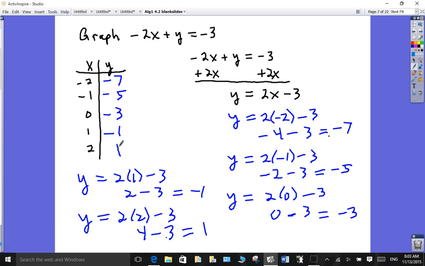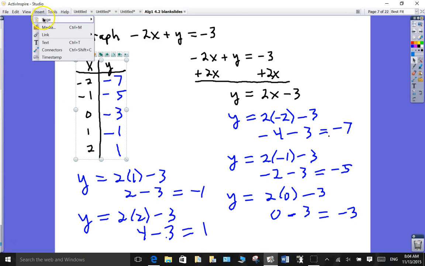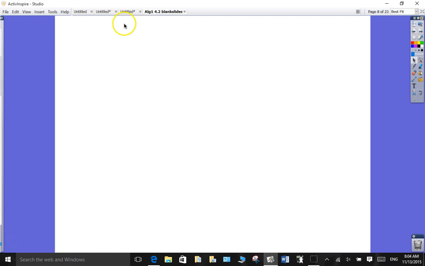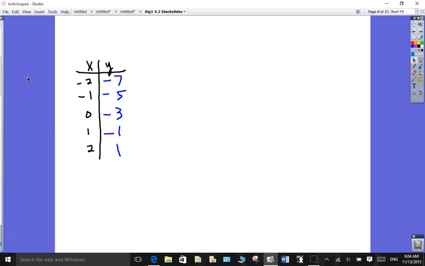Okay, let me do something here, because I didn't do that very well. Let me see if I can grab our table of values. Good. Edit, copy, and insert page. Edit, paste. Good. Now we can graph it. So our x values go from negative 2 to 2, so I want to make sure I've got some space on the left side of the y-axis and some on the right.